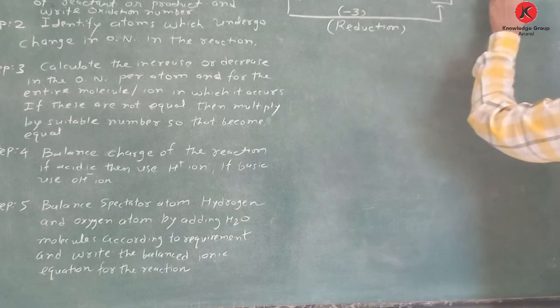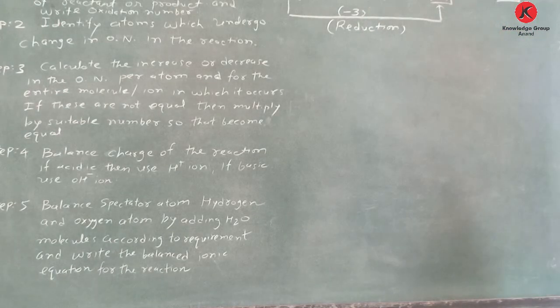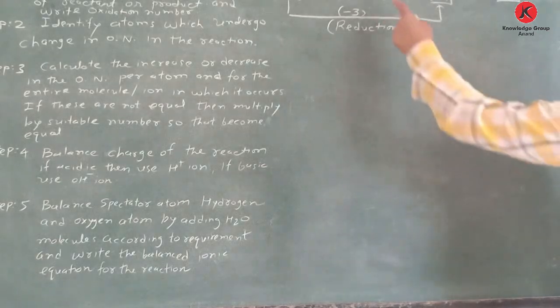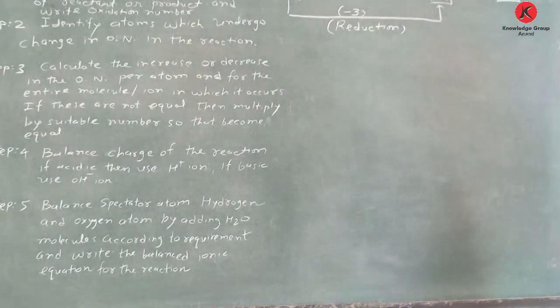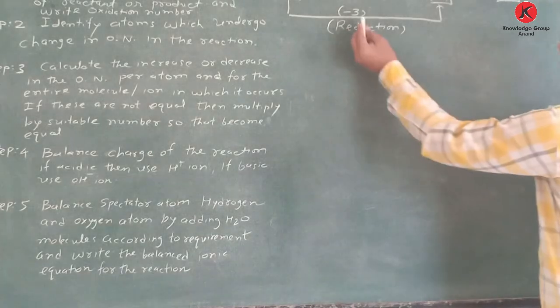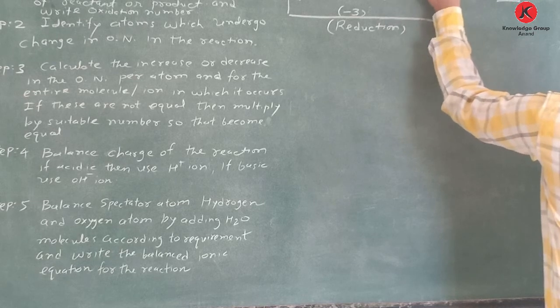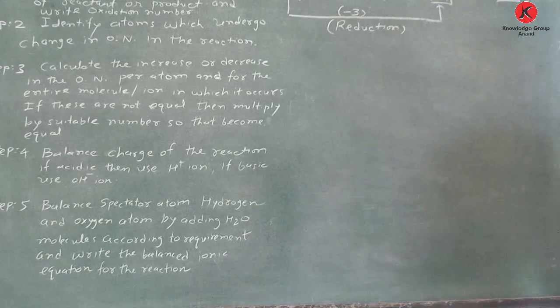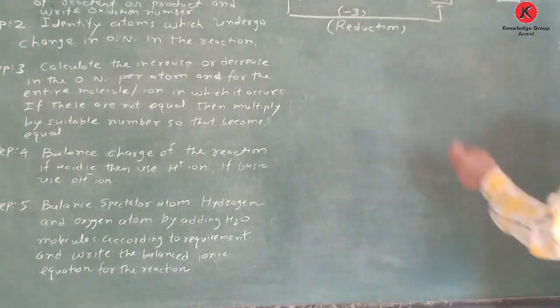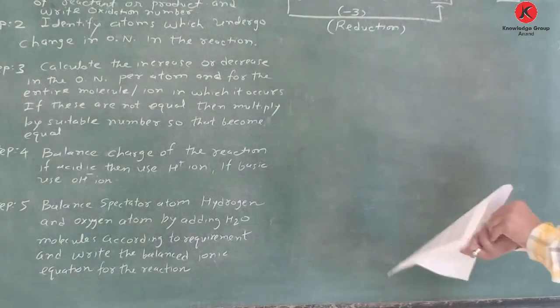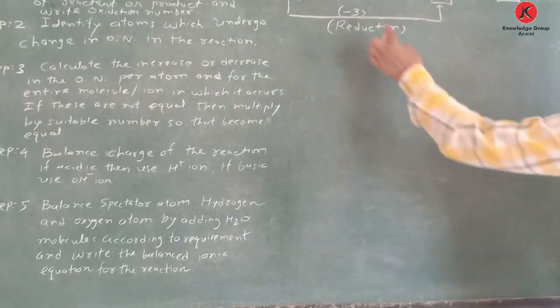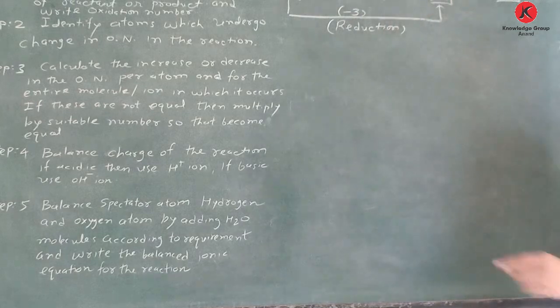Here Br minus 1, here BrO3 minus 1. Br is only one atom, and that's why it's not required to balance it. So don't forget this. Now, here minus 2, this undergoes which reaction? Oxidation reaction. So we have to balance this minus 3 and plus 6.